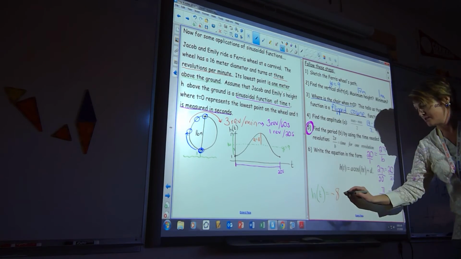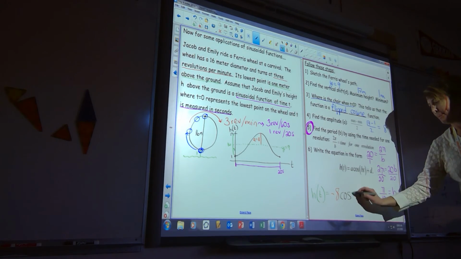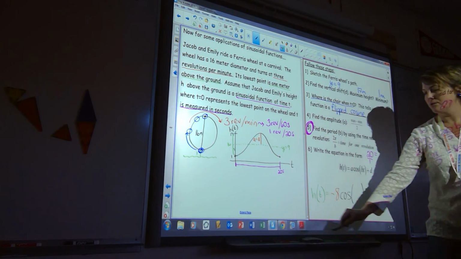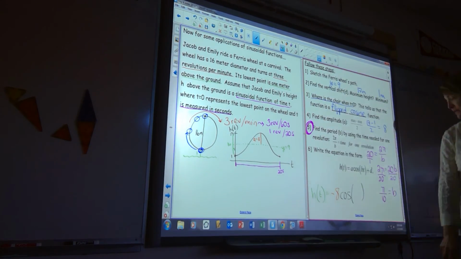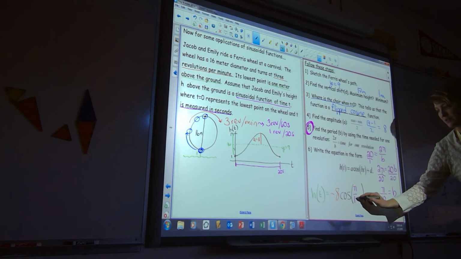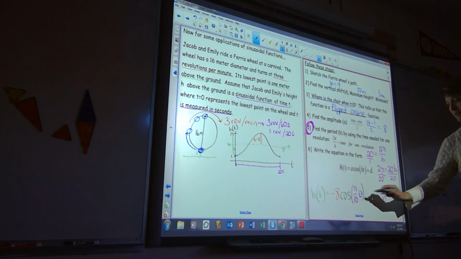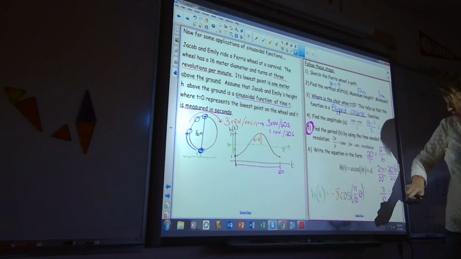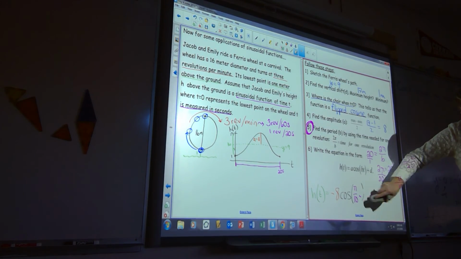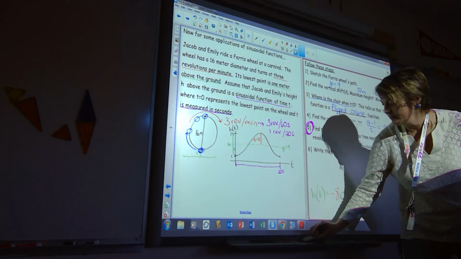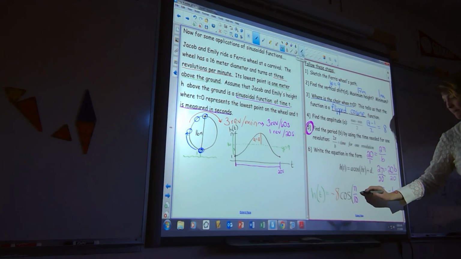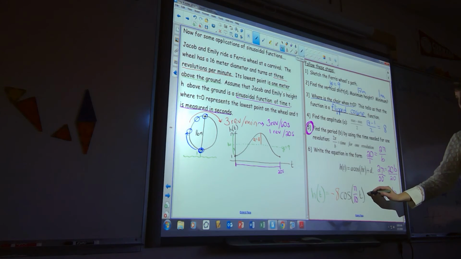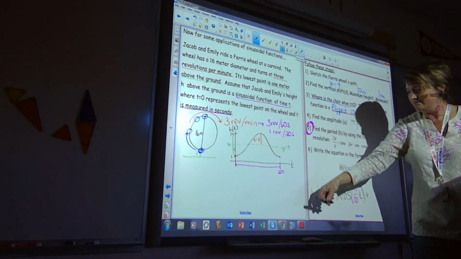We know that it's a cosine curve. The B value is pi over 10. So we've got pi over 10 times t. Plus the midline, which was 9.